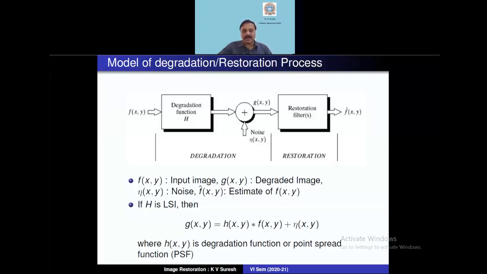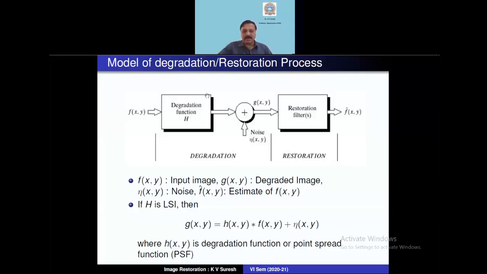So obviously the image is captured with some noise. The blurred image gets added with noise. So what you have actually captured is this, your g of x comma y. This is the degraded image. F of x comma y is your input scene or the clean image.